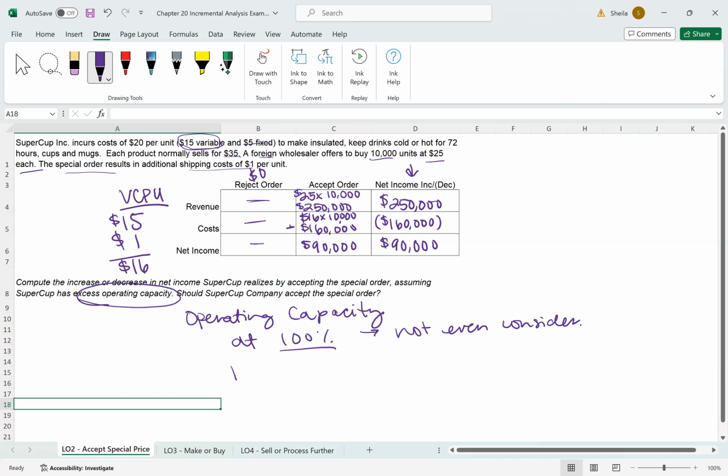We would only consider the order if our operating capacity is below 100%. And we're only going to consider that if net income is generated. So this is a great kind of starting point to really think about cost volume profit and the effect on our decision making, our incremental analysis in business.